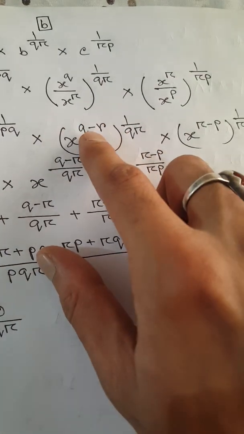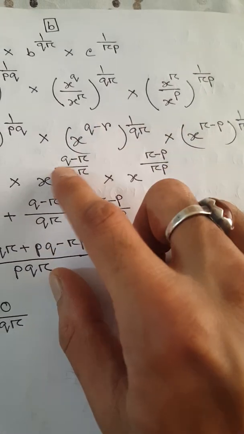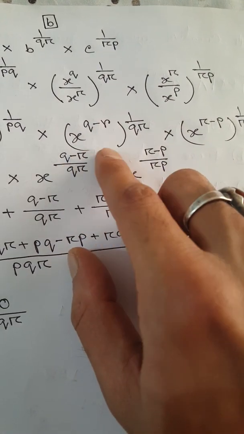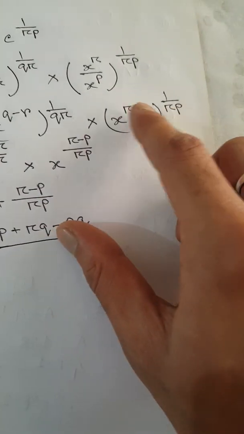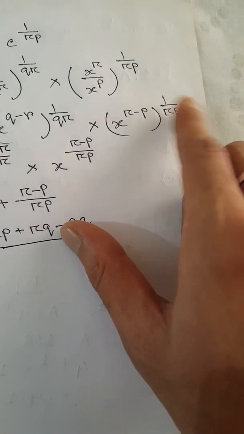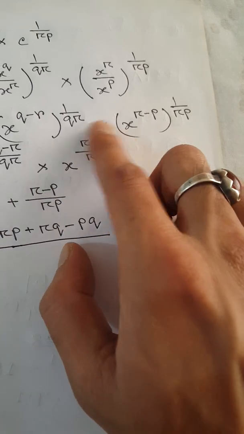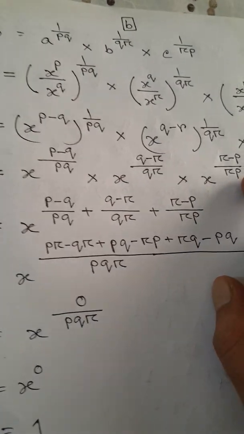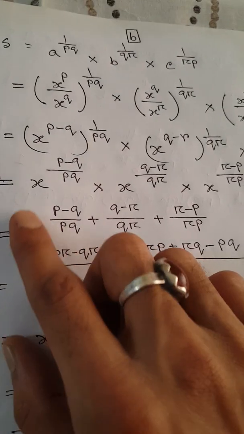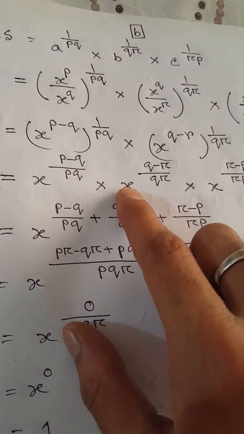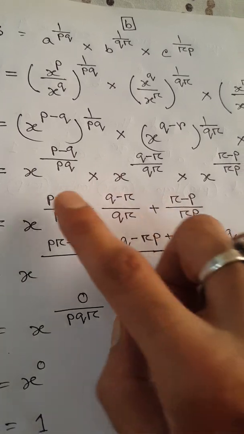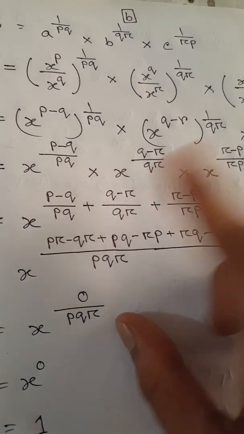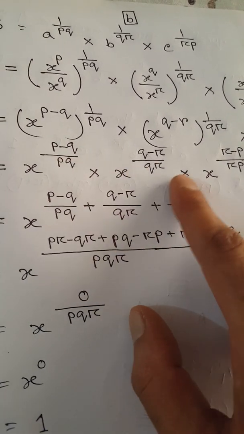The similar thing we do here. These two powers multiplied become q minus r divided by qr, and similarly these two powers, if we multiply, will become r minus p divided by rp. Here, look, again the basic has come: these three bases are equal, x, and there is a multiplication sign.